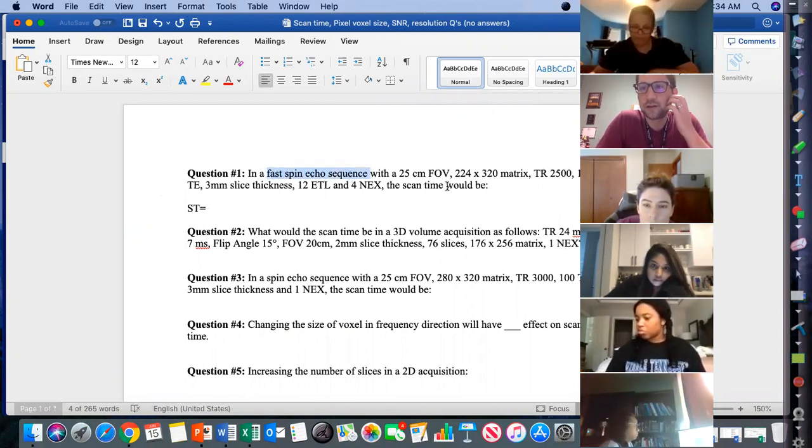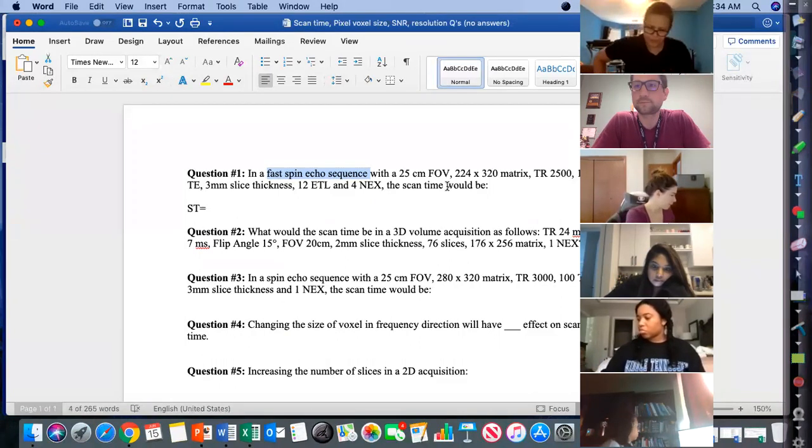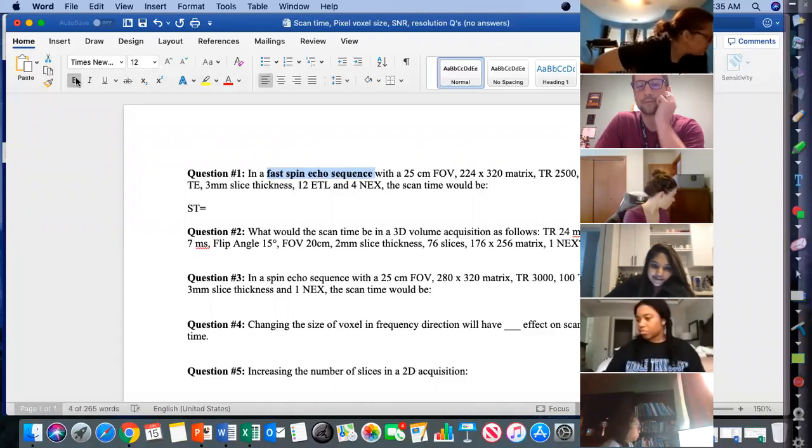So which equation should we use? It says fast spin echo. The fast spin echo sequence formula. So what is that? TR times the number of phase encoding steps times the number of NSAs over the ETL. Perfect. So we need to find those.